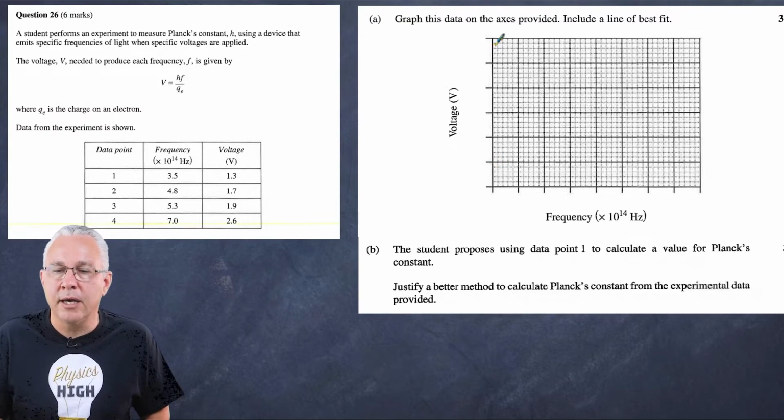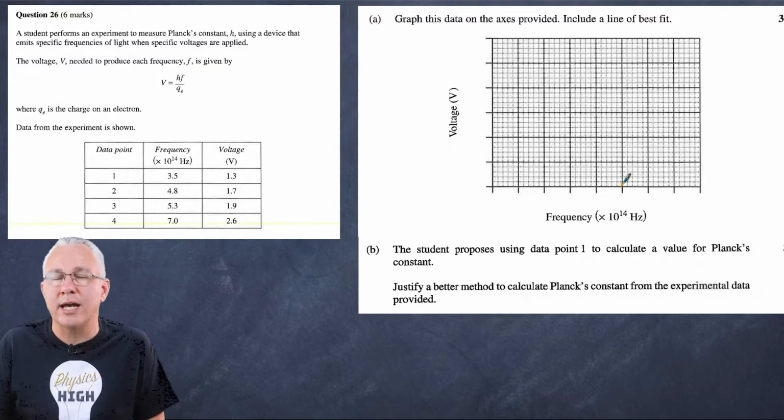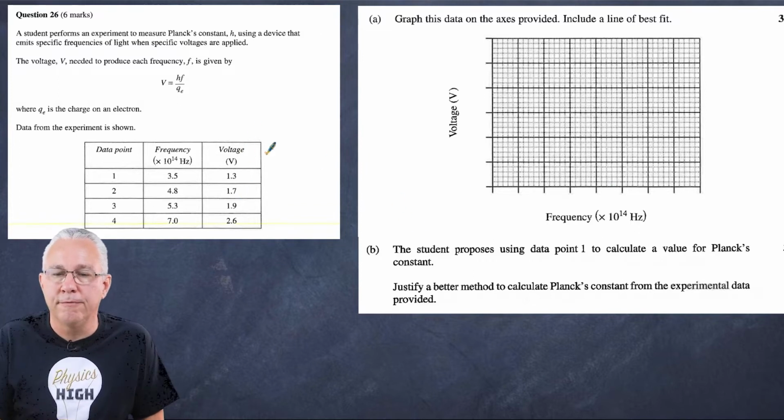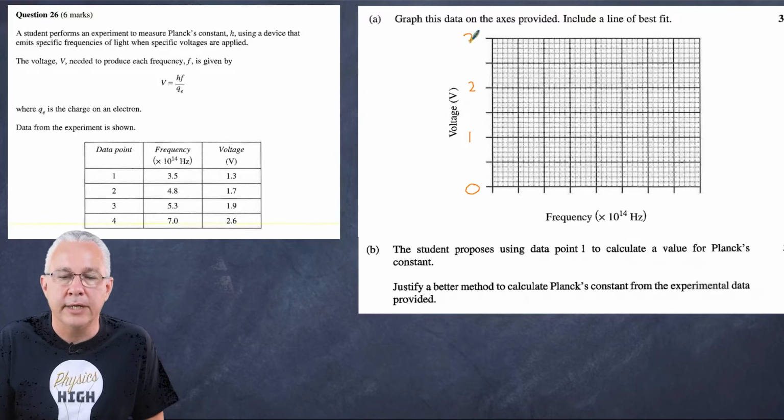Now you're only given a non-labeled axis, so the best thing is to draw the graph in such a way that you get the maximum value. So the best option, if you look at your voltage over here, we've got 1.3 to 2.6. It makes sense to start this at 0 and then go 1, 2, and 3.